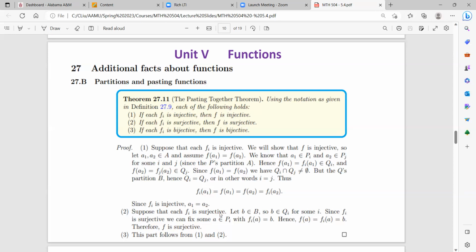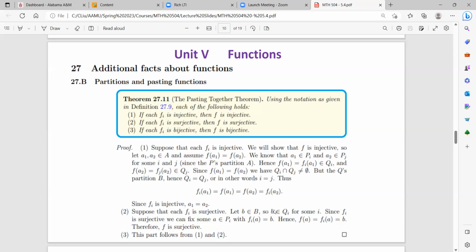So let's just say some element b in the codomain B. Then we have to show there's a pre-image of it from the set A. So we know the set B, the codomain, also comes from the union of the disjoint partitions, the Q's.